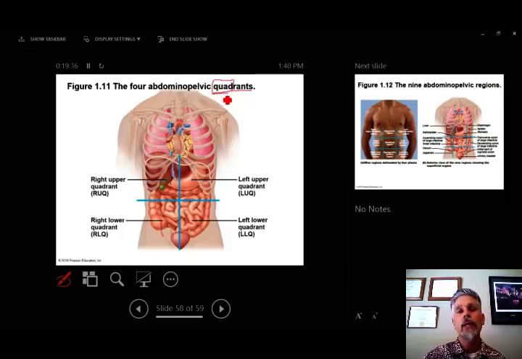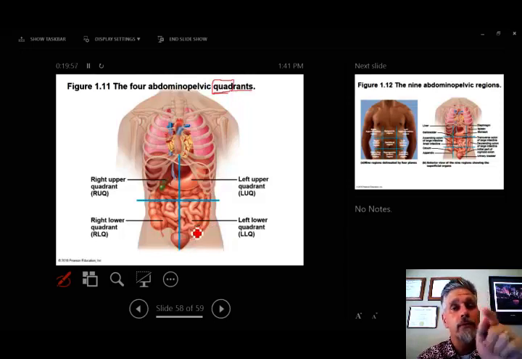Get used to doing that. When you see a word, being able to break it down into its prefix and its suffix, and understanding how those things can give you hints about where it is or what it does, like quad means four. So you can divide the abdominal pelvic cavity into four quadrants: right upper, left upper, left lower, right lower.